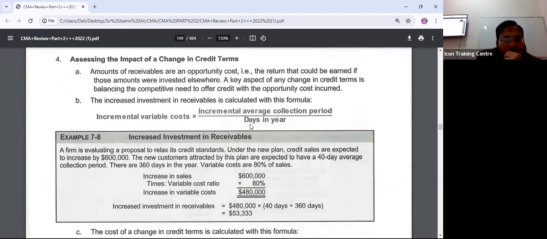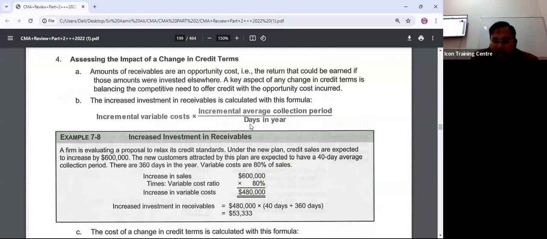Now, this is assessing the impact of change in credit terms. This is important. Let's suppose a firm is evaluating a proposal to relax its credit standards, right? Under the new plan, credit sales are expected to increase by $600,000. The new customers attracted by this plan are expected to have a 40-day average collection period. Now, there are 360 days in the year, variable costs are 80% of the sales.